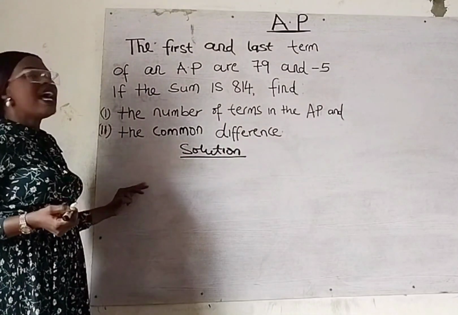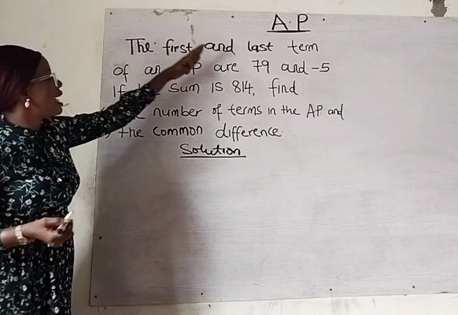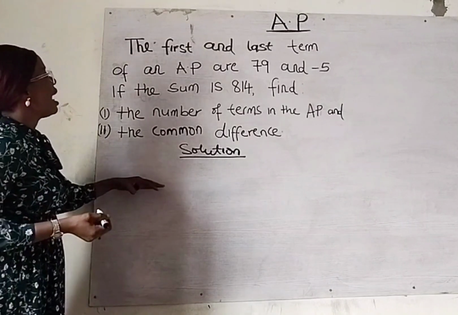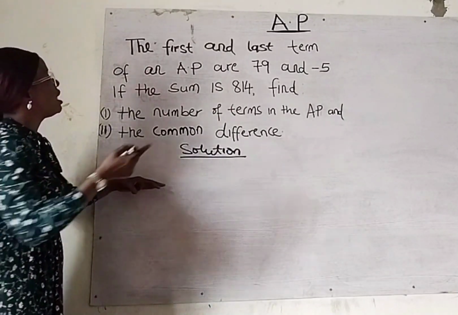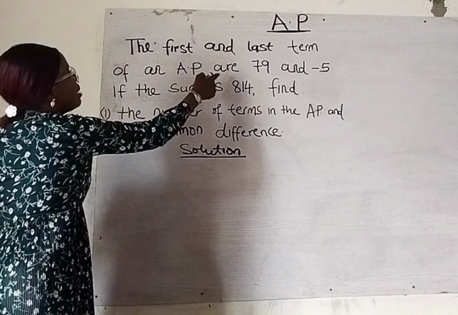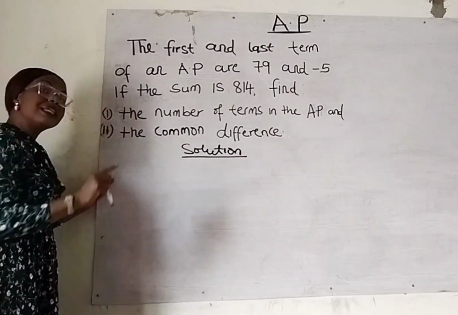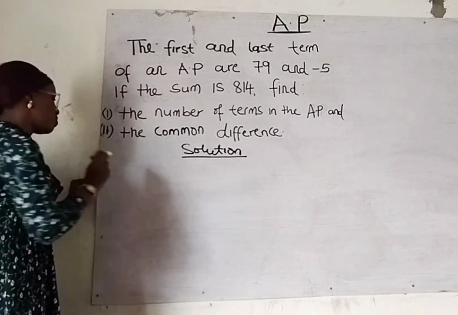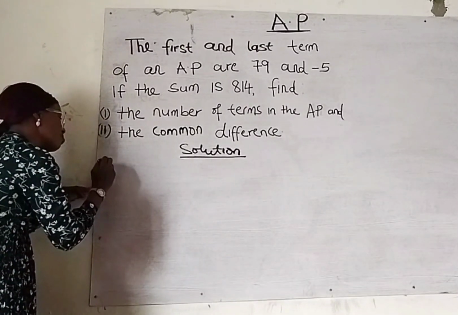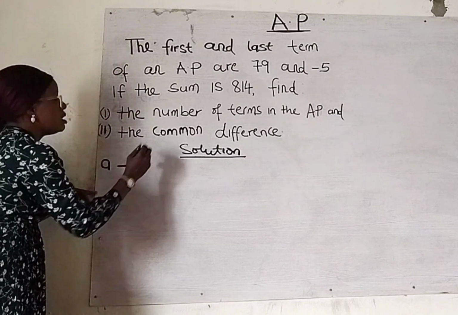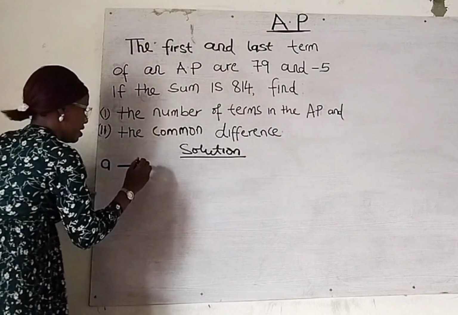Okay. And I write down the data given to us in this question. They say the first term is 79, and first term in AP is represented by A. So I write A is 79.